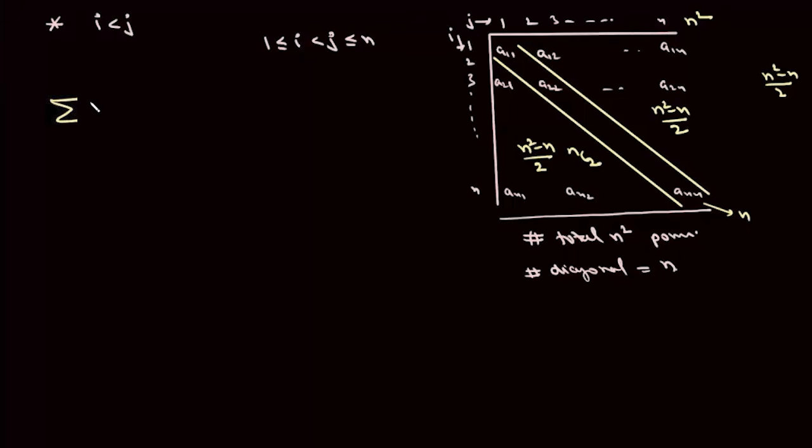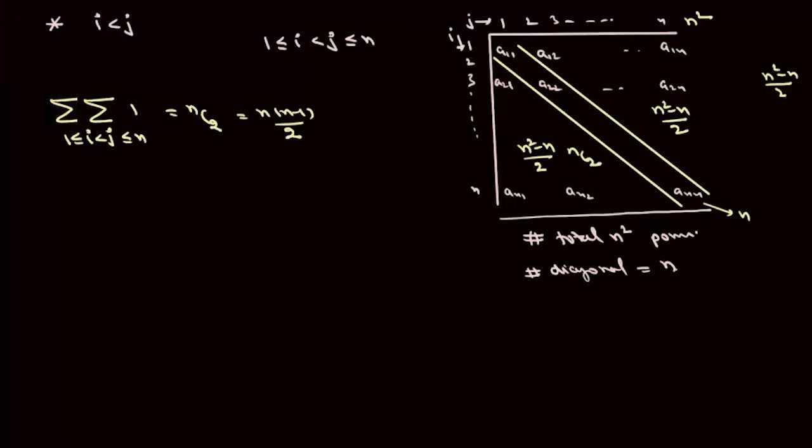So if we have this summation i less than j less than or equal to n of 1, now this is not a summation problem, it's just a counting problem. And we know that since i is less than j, we are talking about this upper triangle, and the number of elements in this upper triangle is simply nC2, or n into n minus 1 by 2.